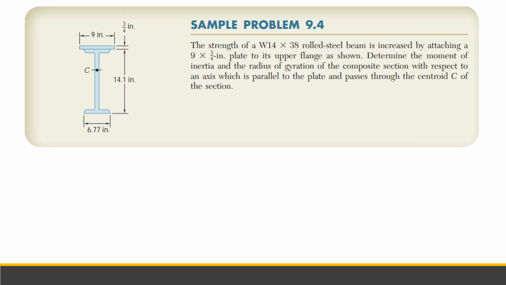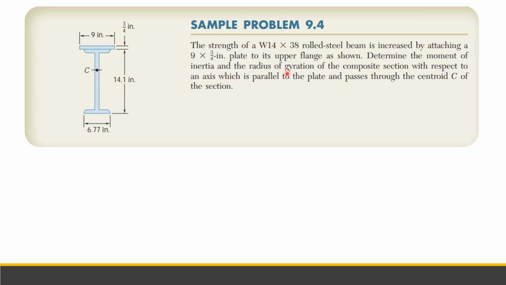So we have here an I-beam, and a plate was added on top to increase the strength. So the centroid is no longer at the center of the I-beam. It is somewhere above, so the centroid has shifted because it is now a composite area.